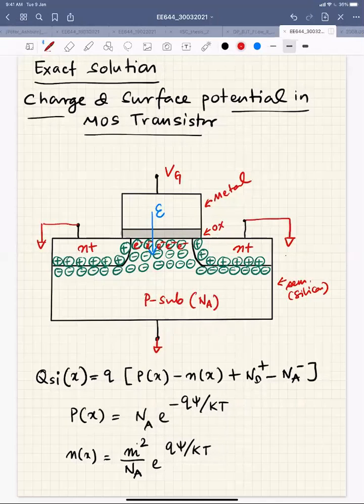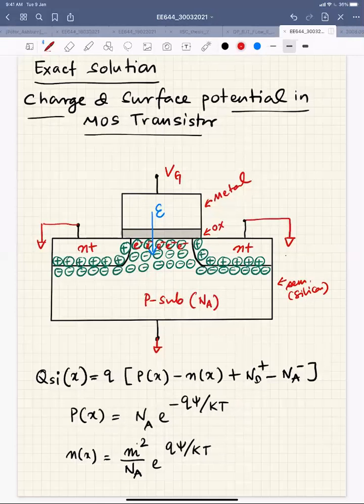Once these junctions are forward biased, electrons are injected from source and drain into the channel, and these electrons are mobile charges. When we talk about current, only these mobile charges will flow.